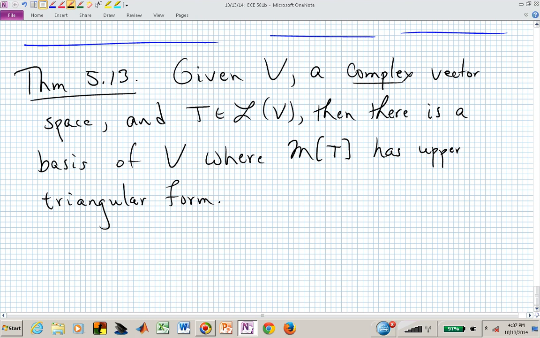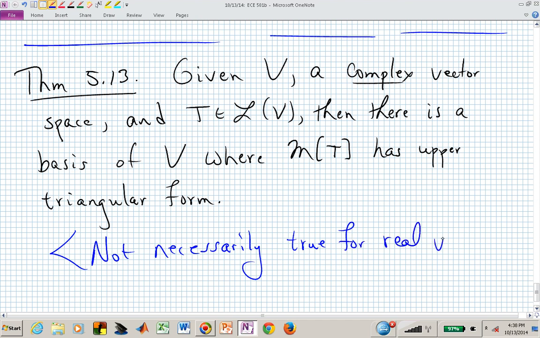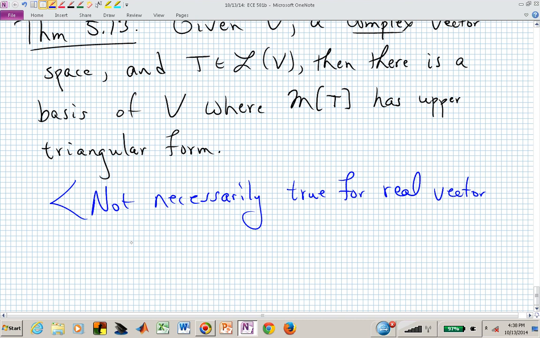Now that's definitely not true for a real vector space, so we have to restrict this or allow for this more complicated structure, which is this complex vector space. This is not necessarily true for real vector spaces.